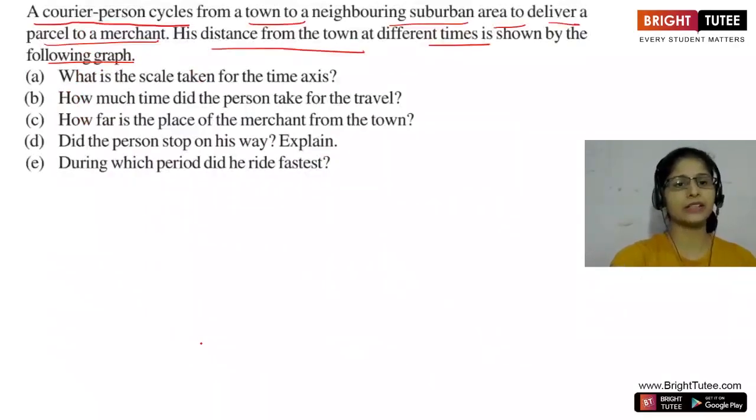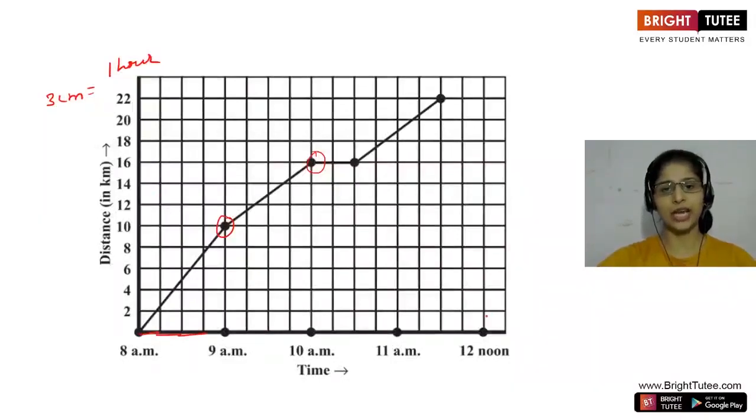Then they're asking how much time did the person take for the travel. So the total time he is taking, at 11, and then he's here finally. So he took 8 to 9 one hour, 9 to 10 the second hour, 10 to 11 the third hour, right? And after 11 also he has taken time.